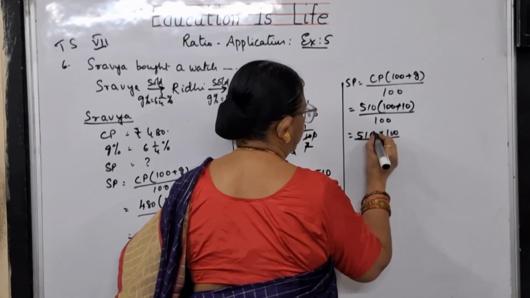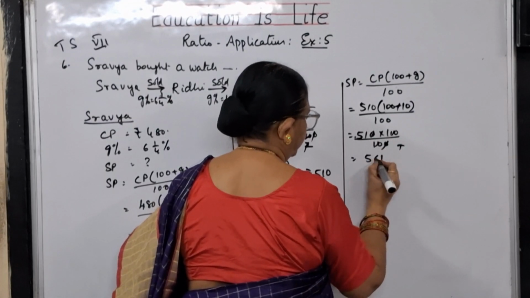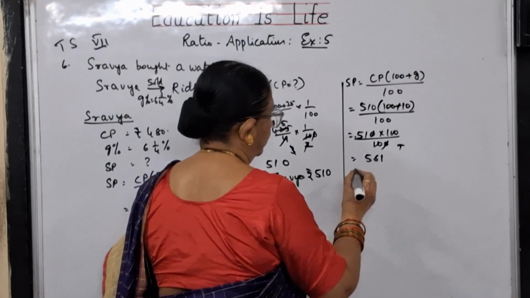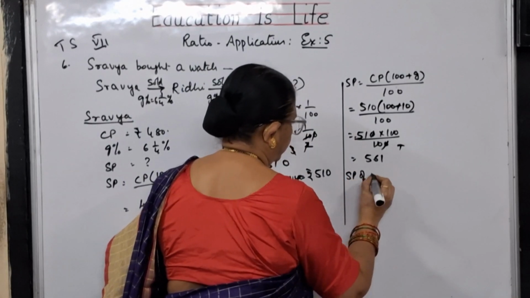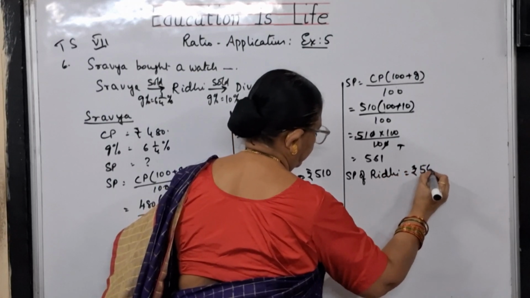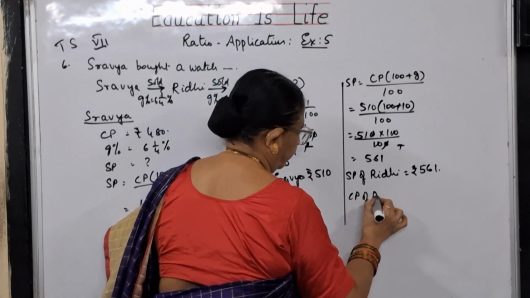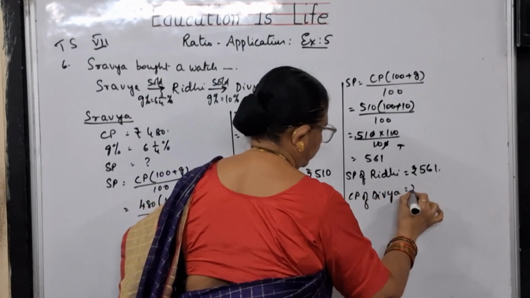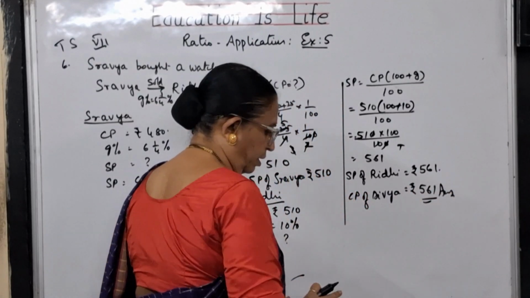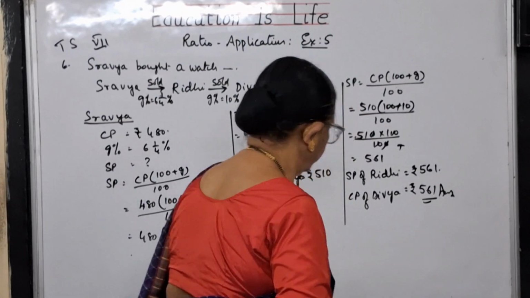So the 0s will get cancelled. 11 ones are 11, 11 fives are 55, 56. So 561 rupees. So the selling price of Ridhi is equal to rupees 561. This becomes the cost price of Divya, equal to rupees 561. This is the answer for this problem, children. Please copy it.